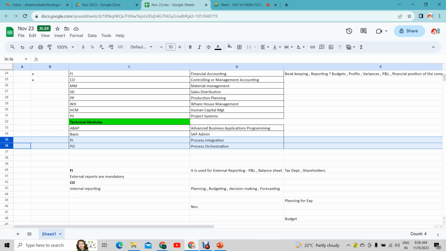You guys think maybe organizations will buy ERP products and use everything in the ERP product only. No. They use approximately maybe 30 to 40% only of your ERP product, guys. Very minimal.